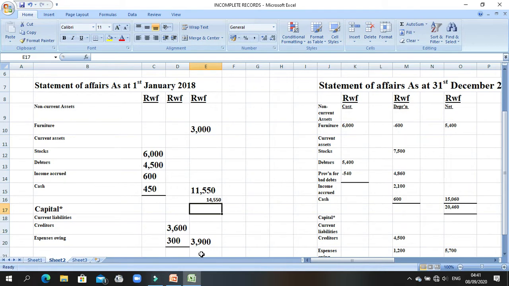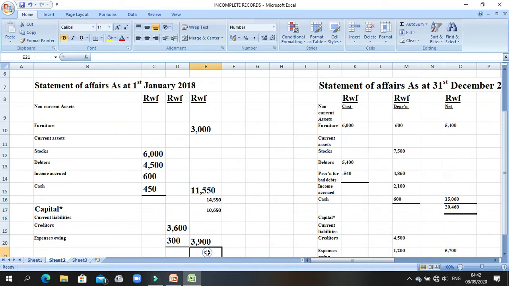Opening capital, as I have told you, is always the balancing figure. You take assets minus total liabilities. That means here we will take this minus this to get the balancing figure. This is the balancing figure, my dear friend.